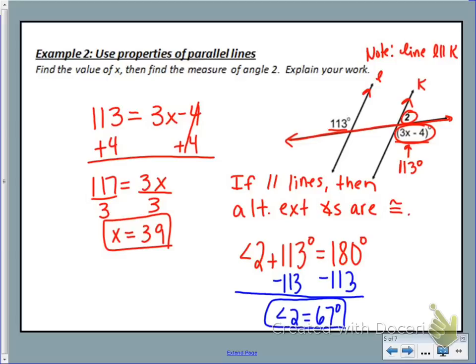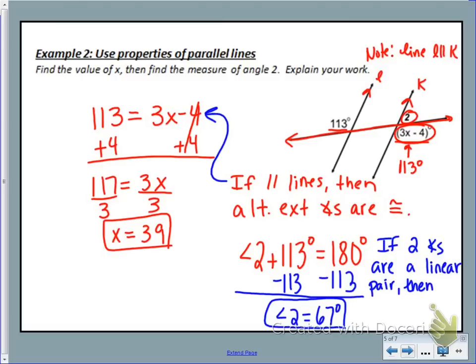It said to explain your work. We've already explained how we used this equation. We have not yet explained how we found angle 2. So what we're going to do is start with our if-then statement. If two angles are a linear pair, then we need to state the conclusion we can make.